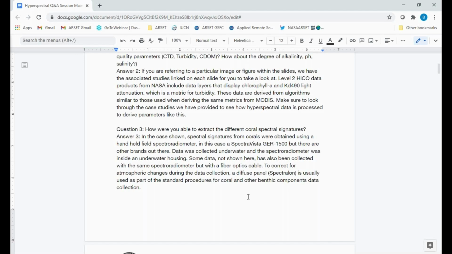For instance, level 2 HICO data products from NASA include data layers that display chlorophyll A and KD490, which is the vertical attenuation coefficient at 490 nanometers, which is a metric for turbidity. The data are derived from algorithms that are similar to those used when deriving the same metrics for MODIS or other multispectral data.